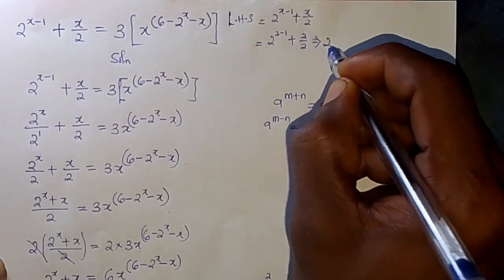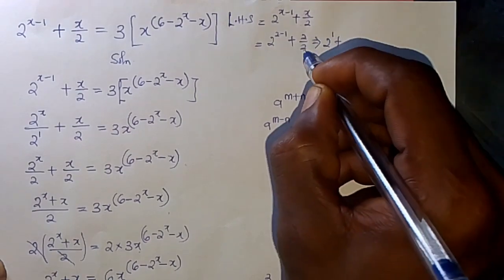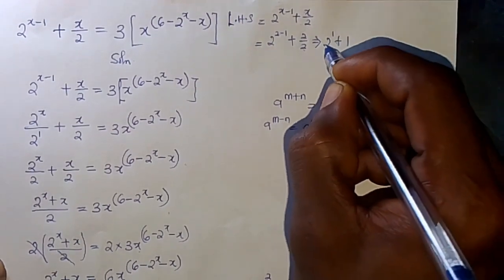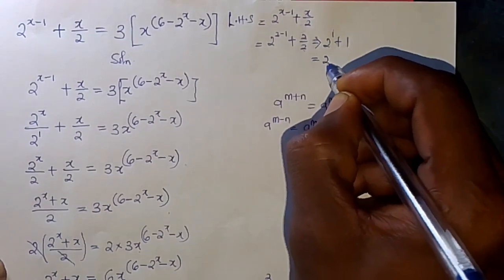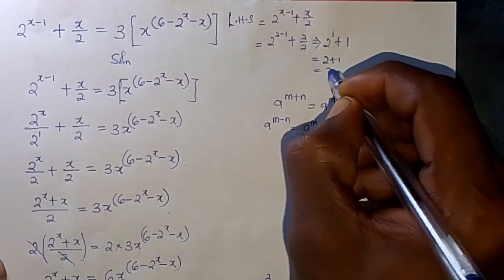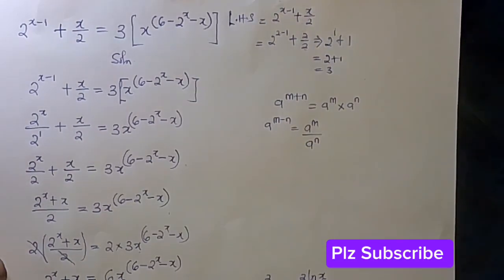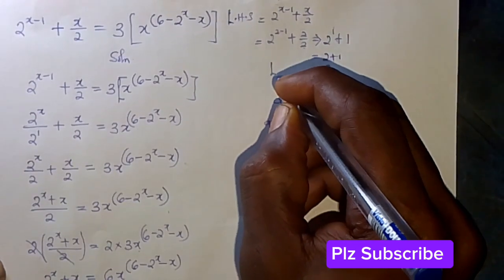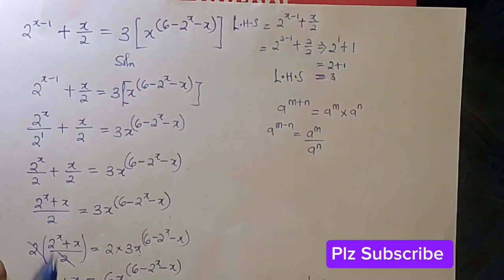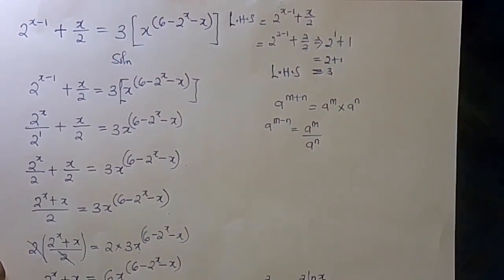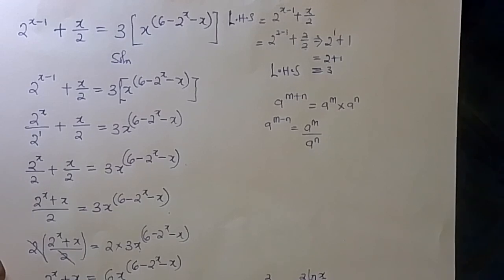So we are having 2 to the power of 1 plus 1. And 2 to the power of 1 is 2. So we are having 2 plus 1, which is 3. That is for the left hand side of this equation. So if x really satisfies this equation, then the right hand side will also be equal to 3.